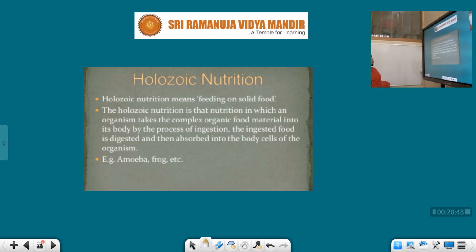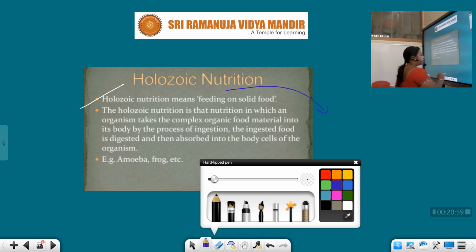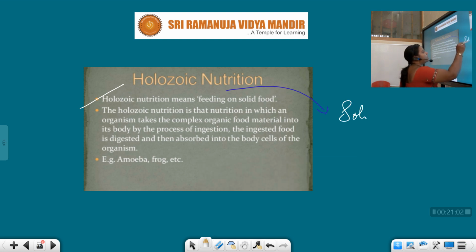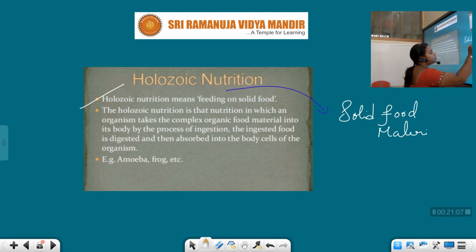Holozoic mode of nutrition. Holozoic nutrition means feeding on solid food. The word holozoic, students, means they simply feed on solid food materials. Understand? Holozoic nutrition is the nutrition in which an organism takes complex organic food material into its body, and by the process of ingestion the food is digested and then absorbed into the body cells of the organism.